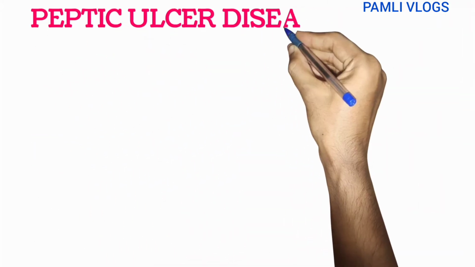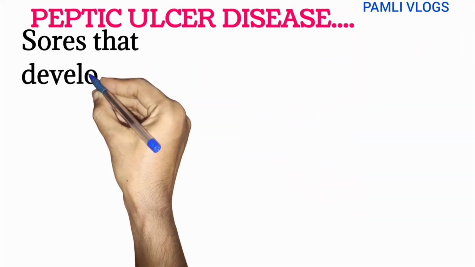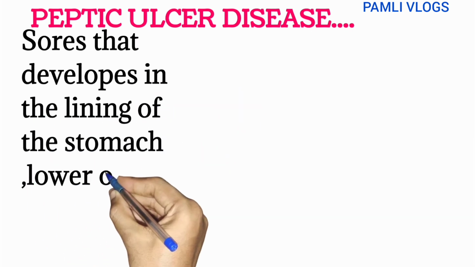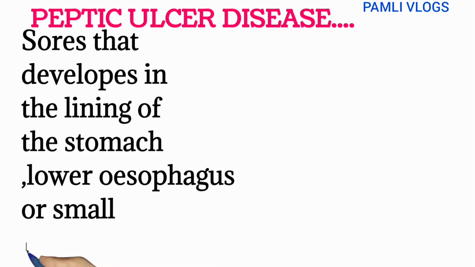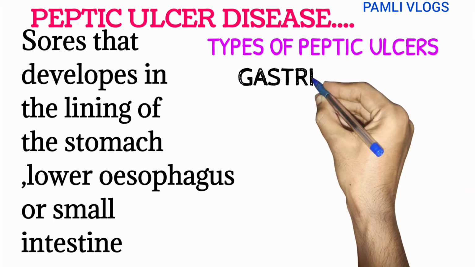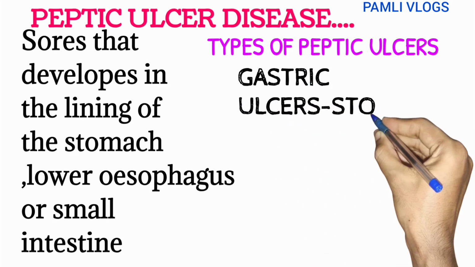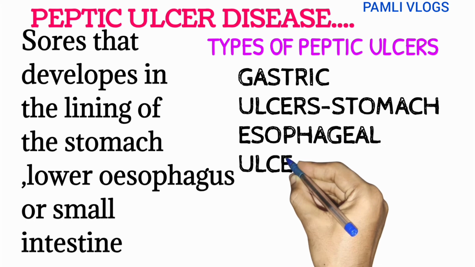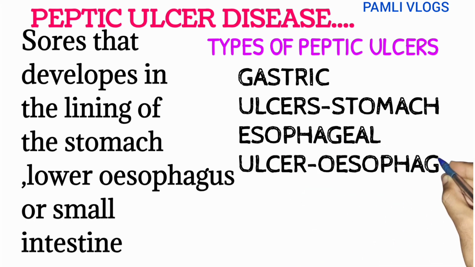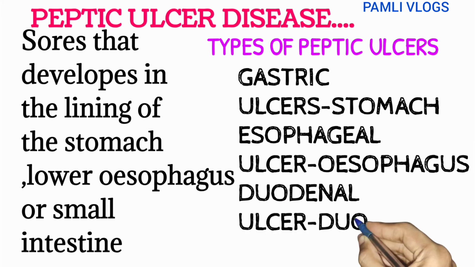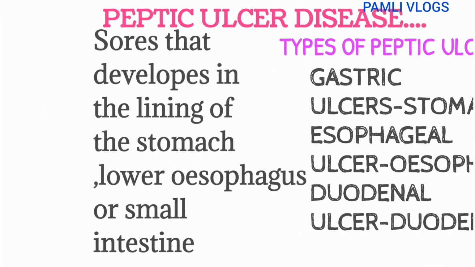But before that, let us define peptic ulcer disease, which are sores that develop in the lining of the stomach, lower esophagus, or small intestine. And we have 3 types: gastric ulcers affecting the stomach, esophageal ulcers affecting the esophagus, and last but not least, duodenal ulcers affecting the duodenum.